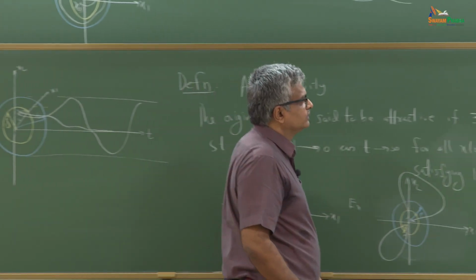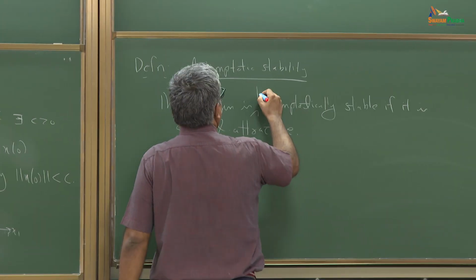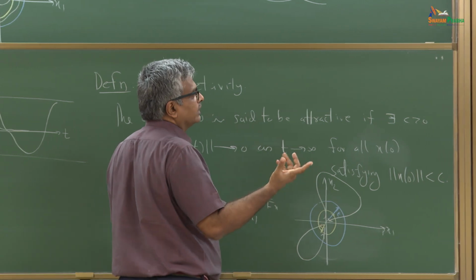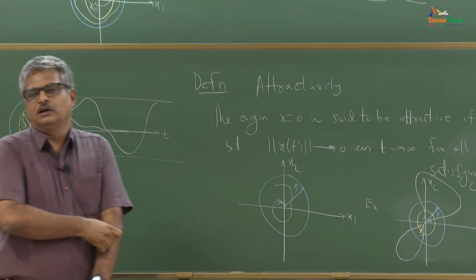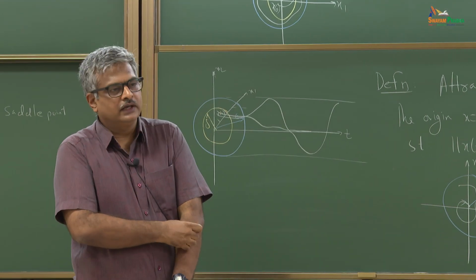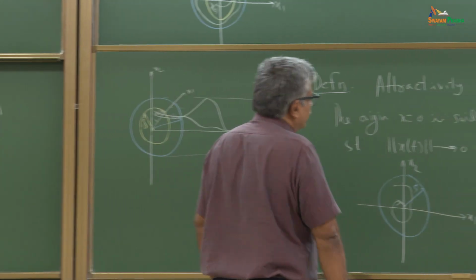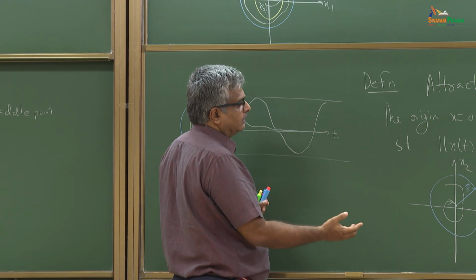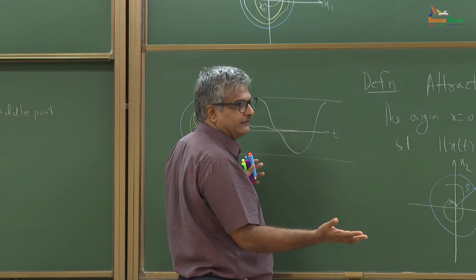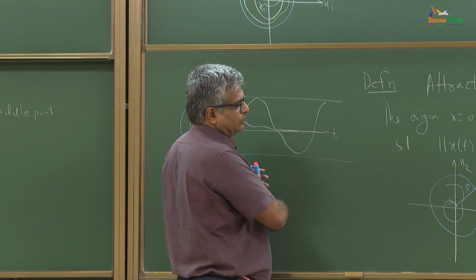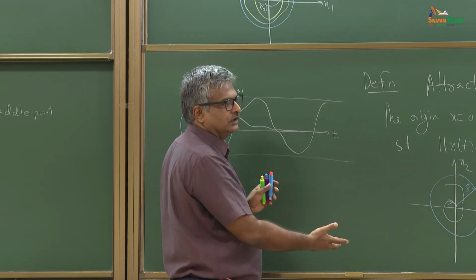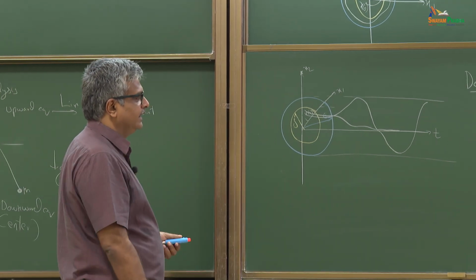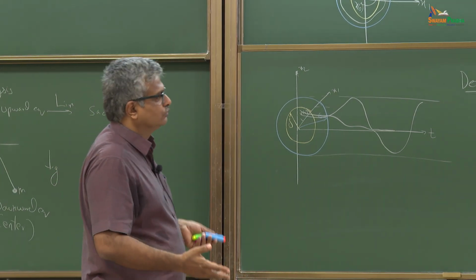Now usually we use the word local here, because this may not hold for all initial conditions. That means your delta ball could be very small. It may not be the whole of Rn. If you can show that you take any initial condition in the plane and all trajectories approach the origin, supposing there is only one equilibrium point, and plus you have stability, then we call it globally asymptotically stable.